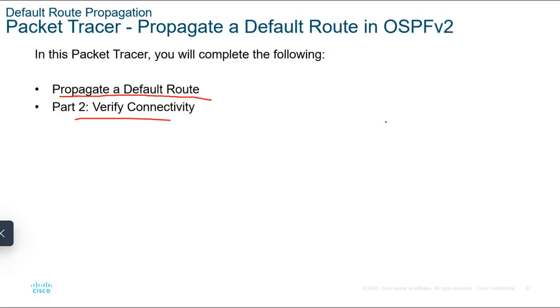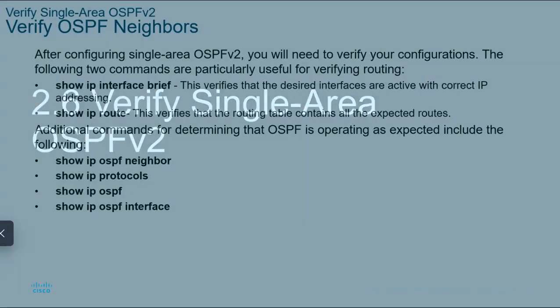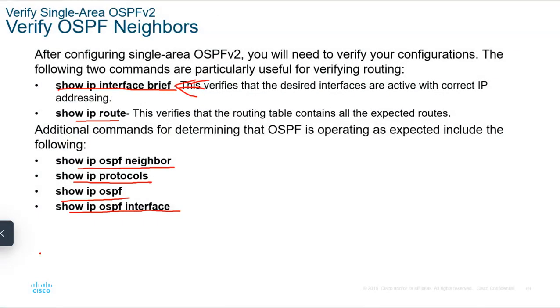Here we have the packet tracer about propagating a default route into OSPF, where you propagate a default route and then verify connectivity. To verify single area OSPF, we can use these commands.